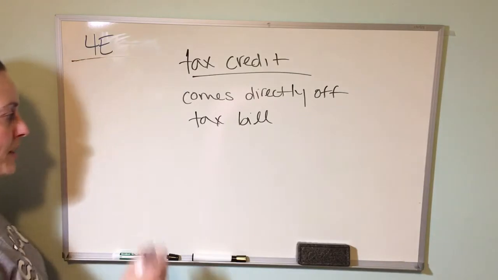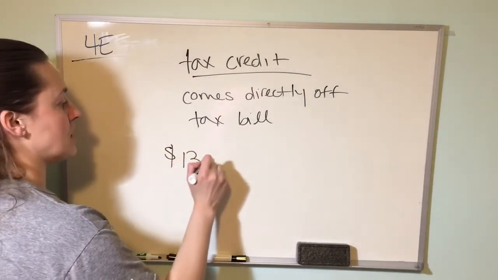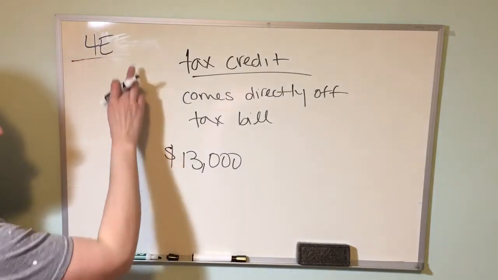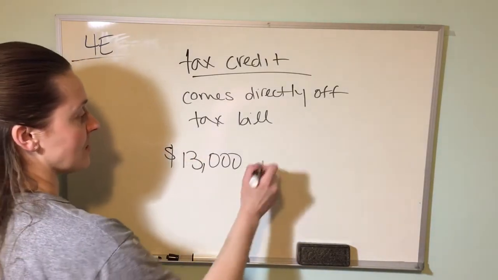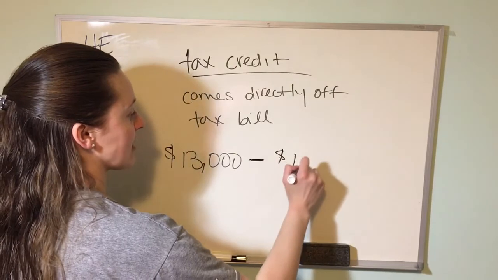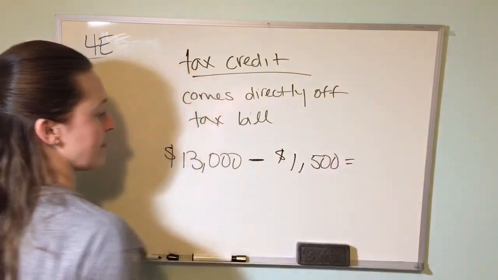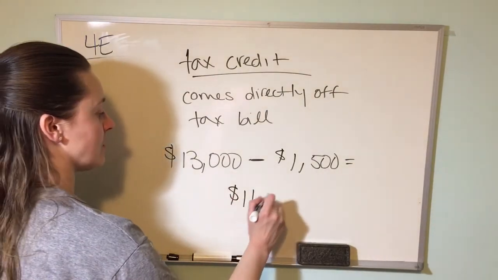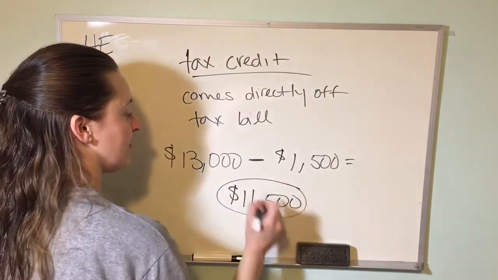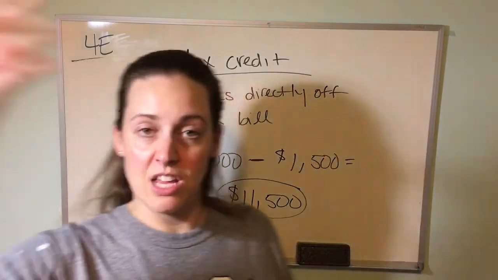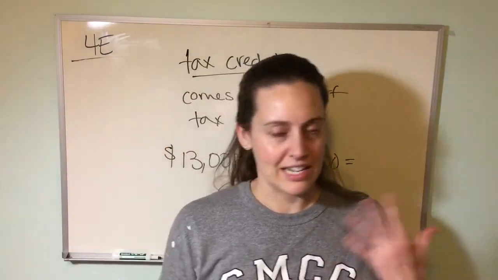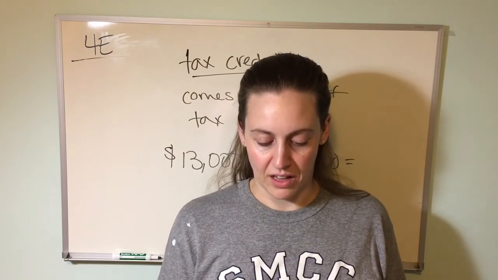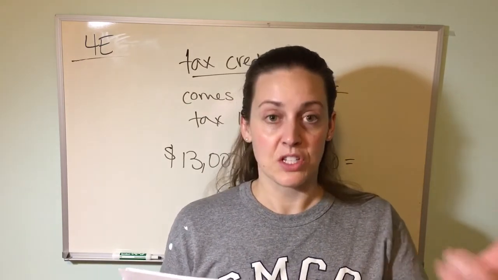So if you owe the US government $13,000, like Sarah and Marco or whatever it was, if you have a tax credit for $1,500, say, you subtract $1,500 from that, and your tax bill will instead be $11,500. Okay, so it comes directly off. It's basically just money you get directly back. There's no factoring in tax rates or anything like that, which is nice. And tax credit comes directly off your tax bill. Let's talk about number 7.